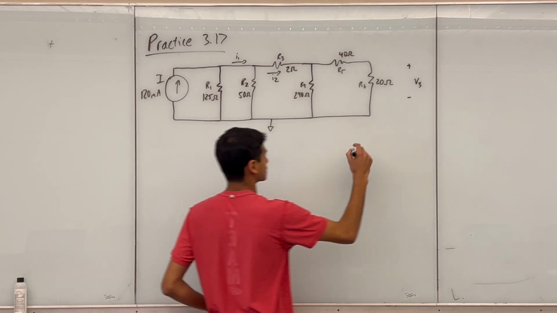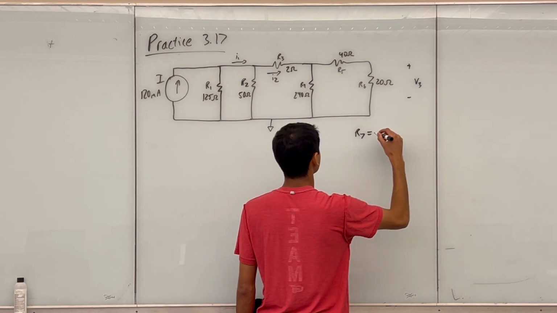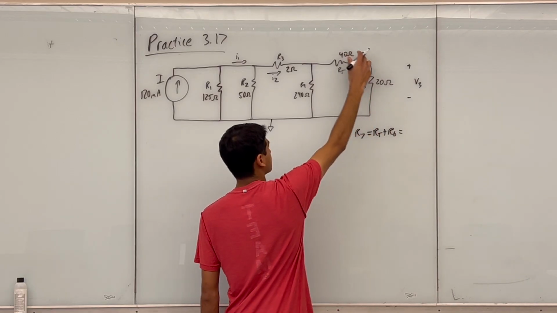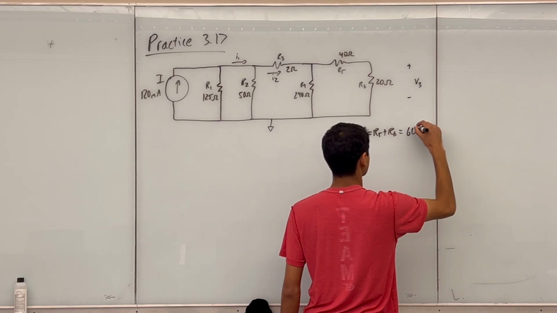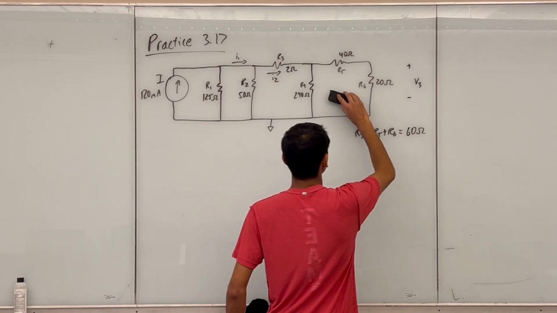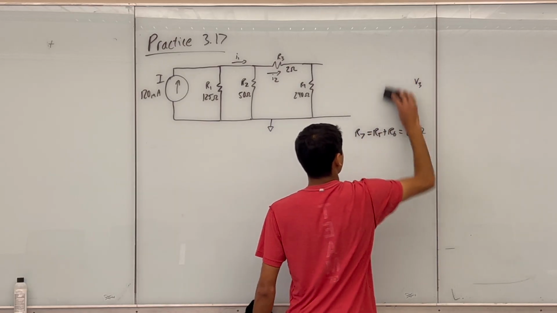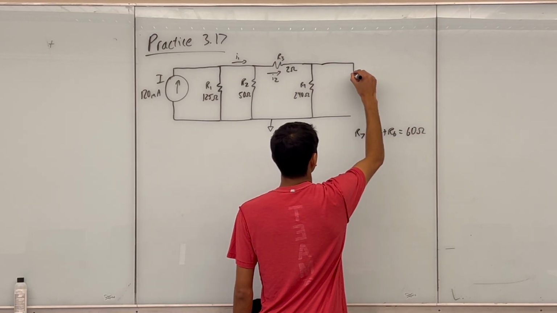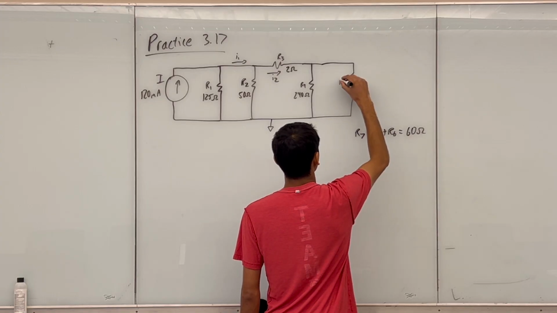So I'll say that R7 is just equal to R5 plus R6, which equals 40 plus 20, so that's 60 ohms. And again, I'll come back to solving for V3. So I'm going to erase these two and replace them with one resistor, that's 60 ohms. And I'm going to label it R7.